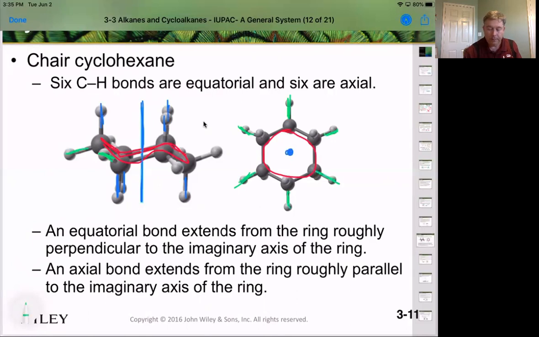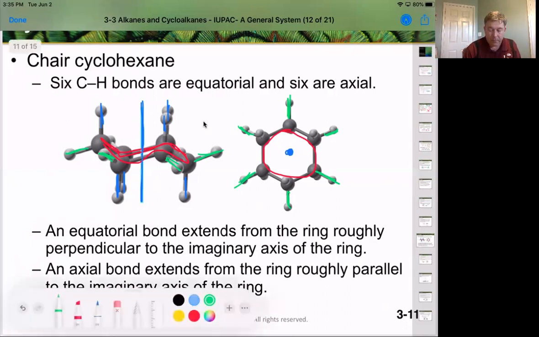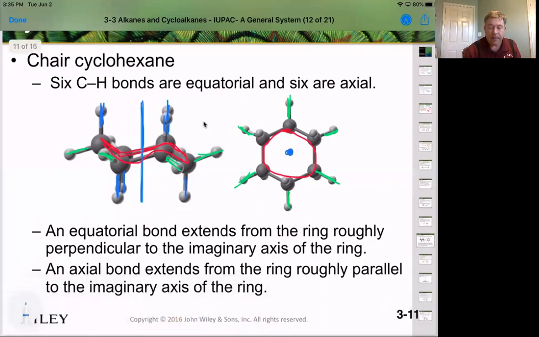The green ones right here we call equatorial, because they're around the outside, away from the axis. And we call the ones that are in line with that axis the axial hydrogens. That would be these three here and the three similar ones on the bottom.